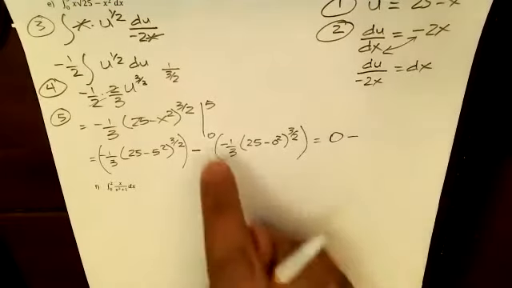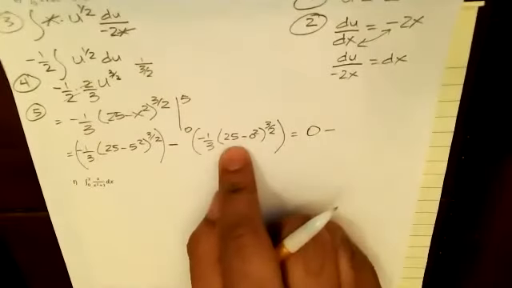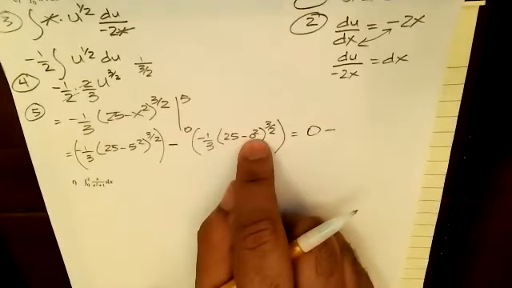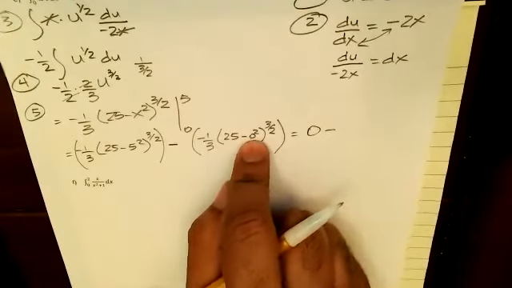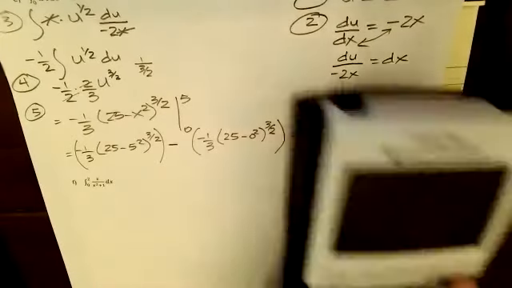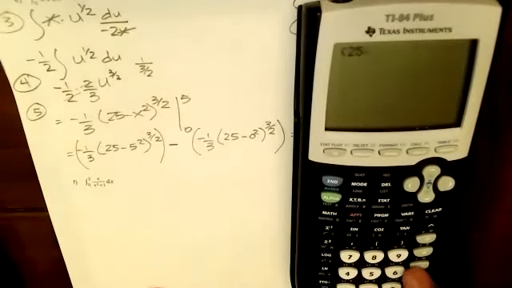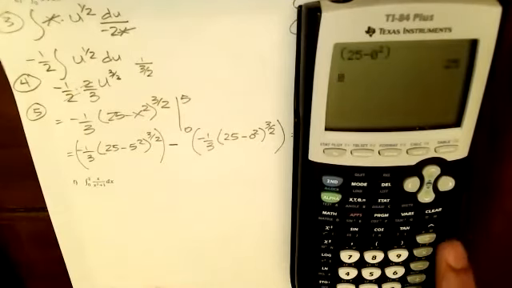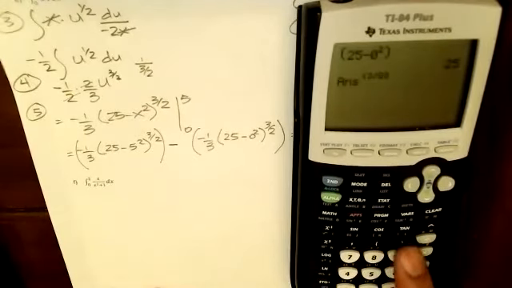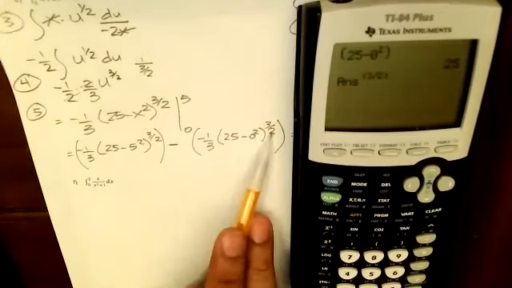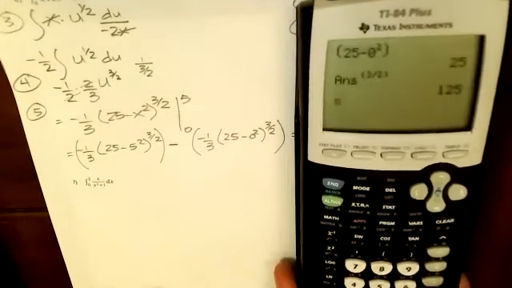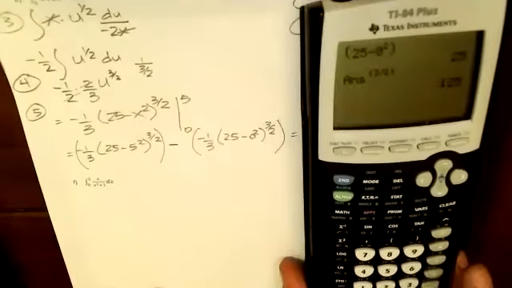And then minus, now let's figure this thing out. 25 minus 0 squared. So that's 25 minus 0, which would just be 25. I can just show you. And then we're going to raise that to the power of 3 over 2, because notice here the power is 3 over 2. That's going to give me 125.